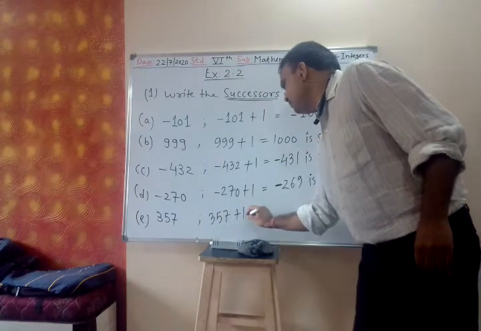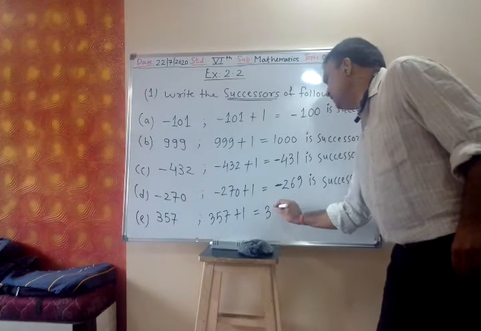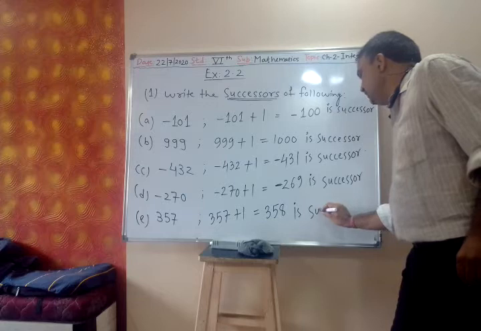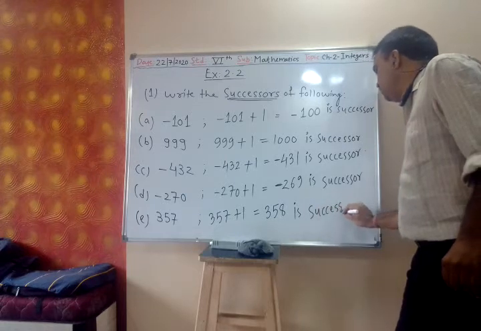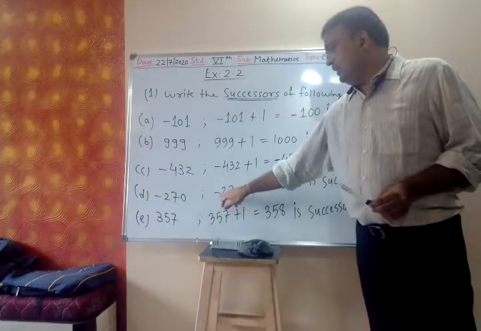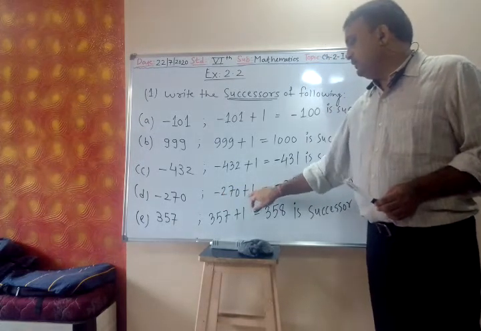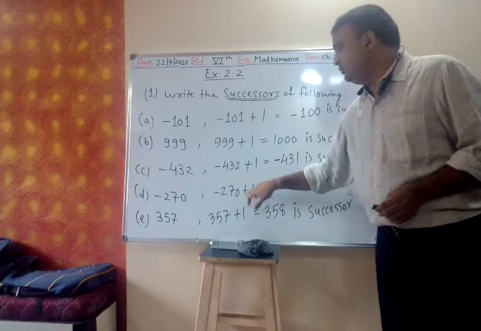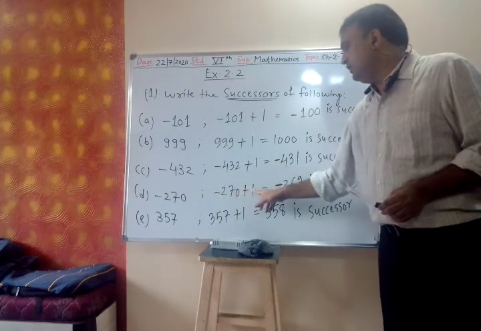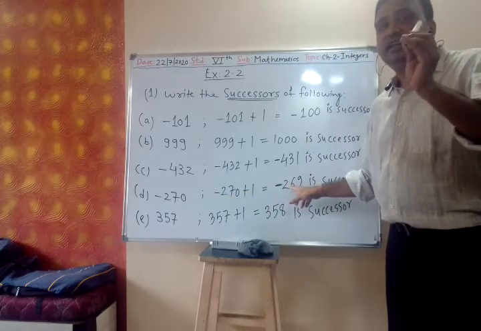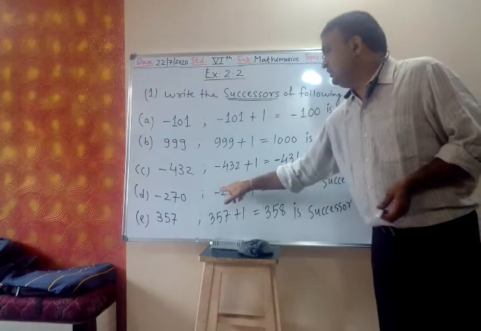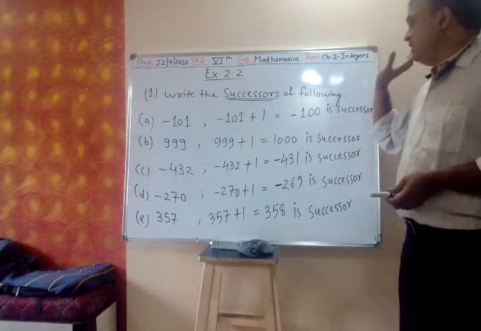357 plus 1 is 358. No, minus 269. You have to take the sign also, no? Because 270 has a minus sign, 1 has a plus sign, they have opposite signs, minus plus. So we have to subtract the smaller number from the bigger number. So 270 minus 1 is 269, and take the sign of the bigger number. The bigger number is 270. What is the sign of that? Minus. I will write minus 269.